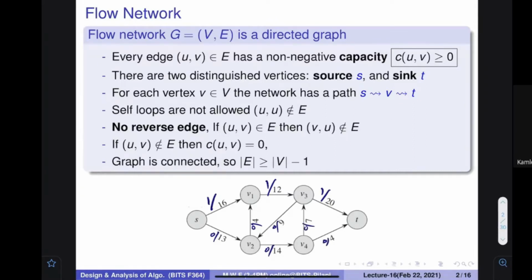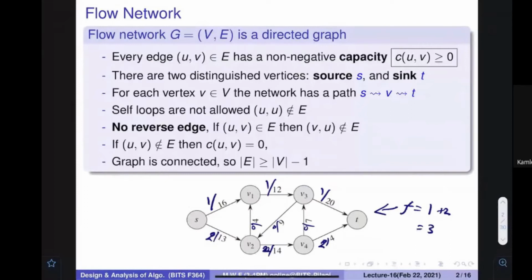How much is reaching T? The flow is 1 in this particular setting. I can also send 2 units here, 2 units here, 2 units here. So the flow has increased by 2. Now the flow is 3.